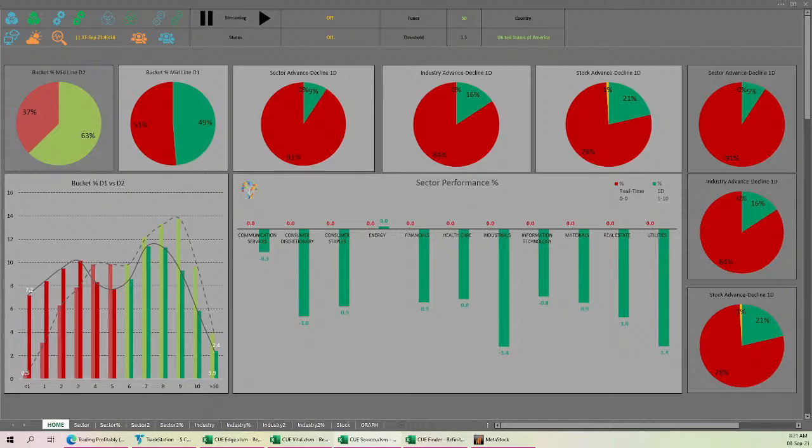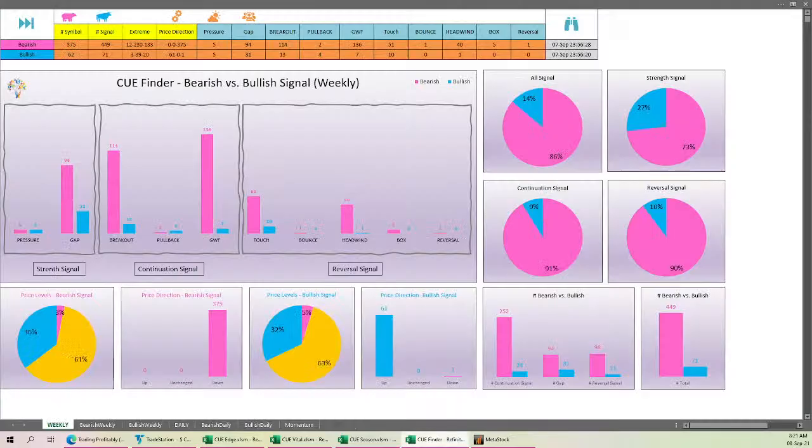Now let's look at the technical breadth, using Q Finder. It shows the balance between technical bullish signals and bearish signals. First we look at the weekly interval, which is clearly bearish now.